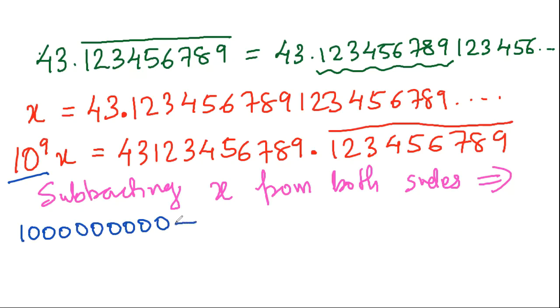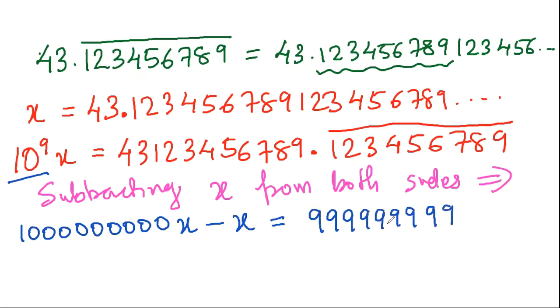From there, I am subtracting this x, that much x minus x, so that I will get the left side as 999999999 times x.